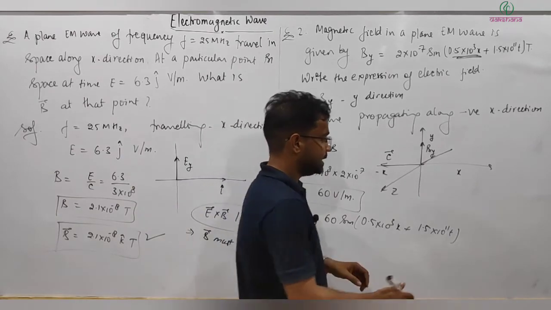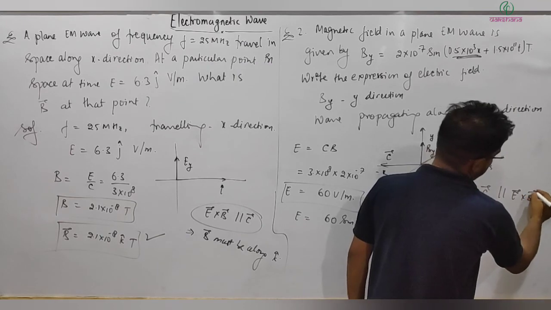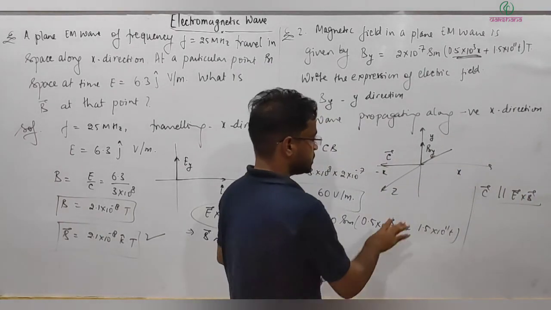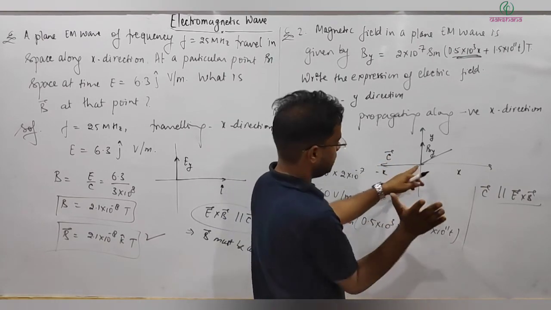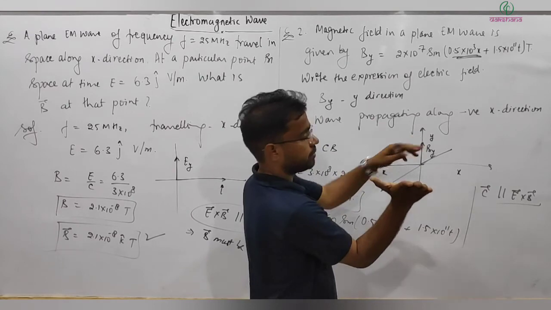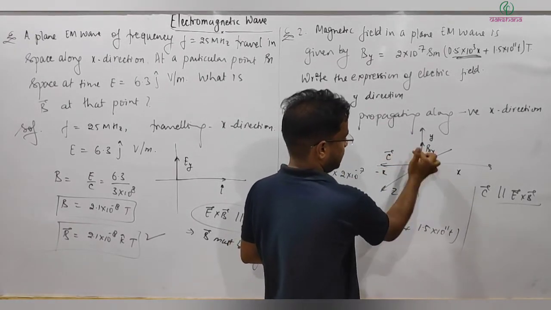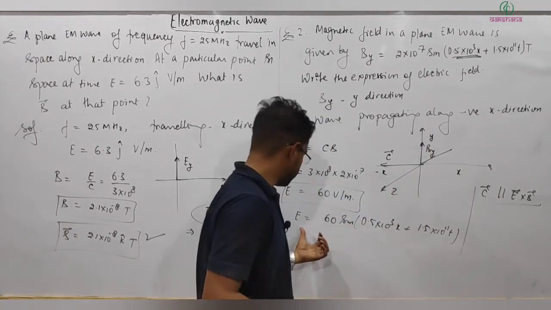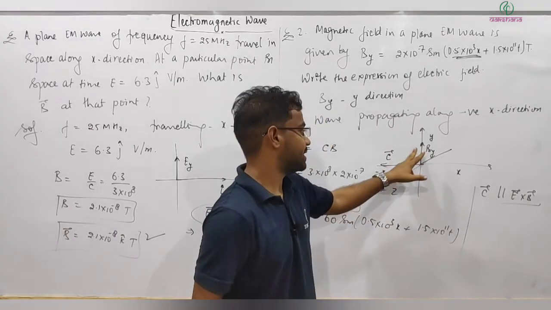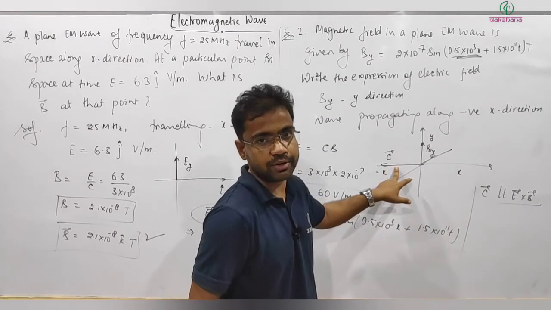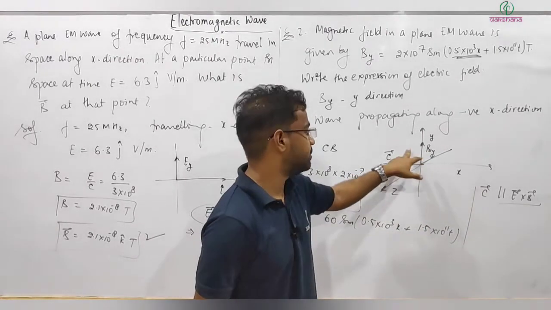We should know that c bar is parallel to E bar cross B bar. Here, if E is along the z direction, then E cross B gives this direction; with x, y, z axes, B must be along the z direction. That is clear because the standard things are there: x is the direction of wave propagation, y is the magnetic field, so the third perpendicular direction is z.